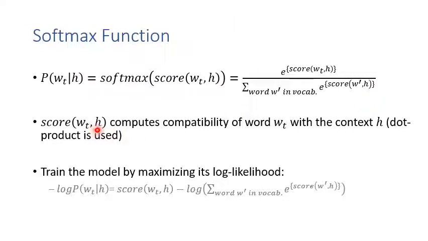The score computes the compatibility of the input word Wt with the context, which means the other words, and we use dot product to calculate the score. Then we train the model by maximizing its log likelihood. We calculate the log likelihood of the softmax function, and then we try to maximize it.